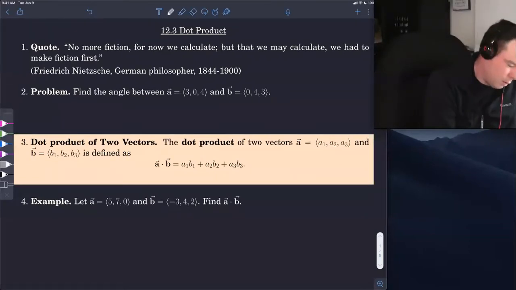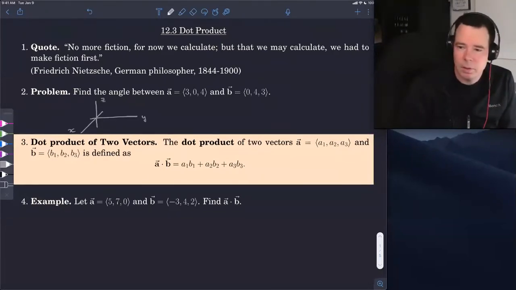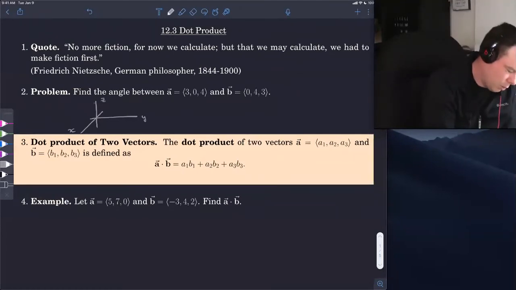So let's get a little picture here. I'll draw my X, Y, and Z coordinate axes. Vector A has components 3 in the X direction, 0 in the Y direction, and 4 in the Z direction. So I'll just draw some reference lines here.